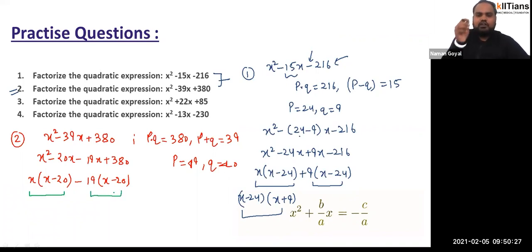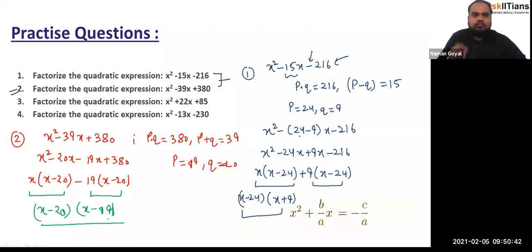So now you can take x minus 20 common, and then you will get x minus 19 over there. So this is the factorized form of the given quadratic expression.